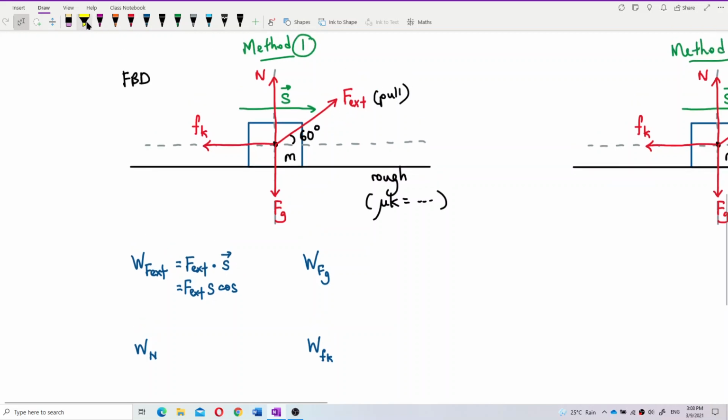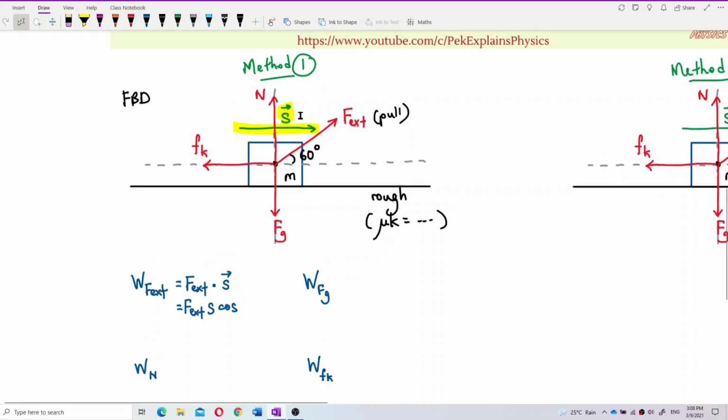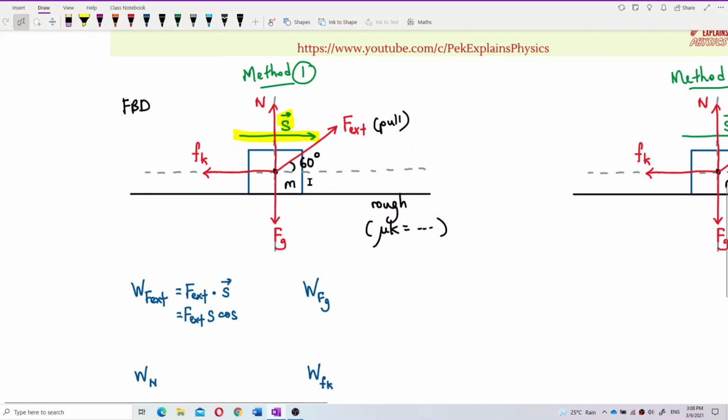Remember, always compare with displacement. You need to draw the displacement beside the object like this. You must draw the displacement, not just draw the forces, beside the object so that you can get the angle and compare the direction of each force.